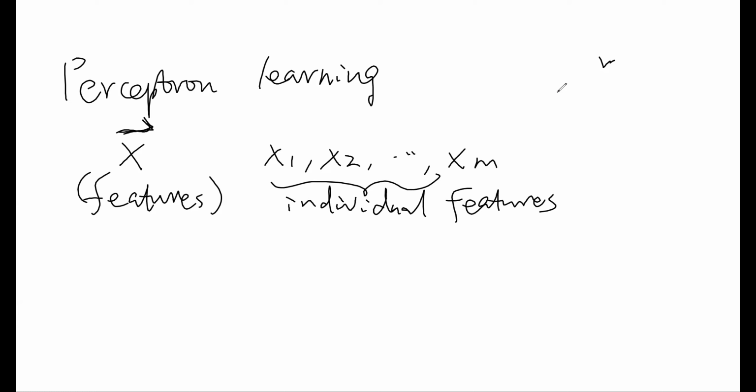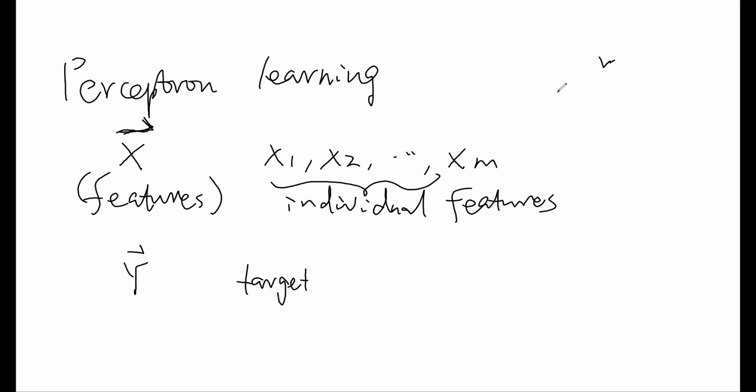In an artificial neuron, we say they are input signals, but in machine learning, we call them features. And you have y, which is the target.